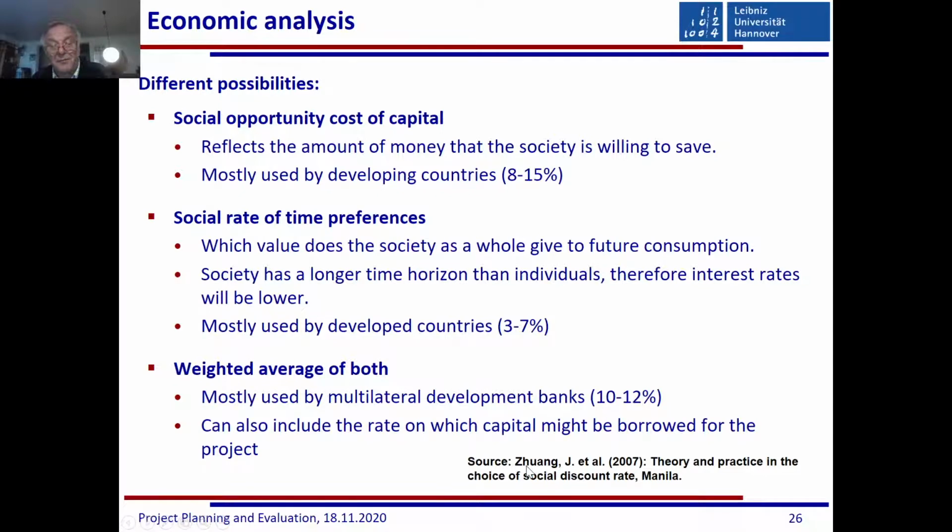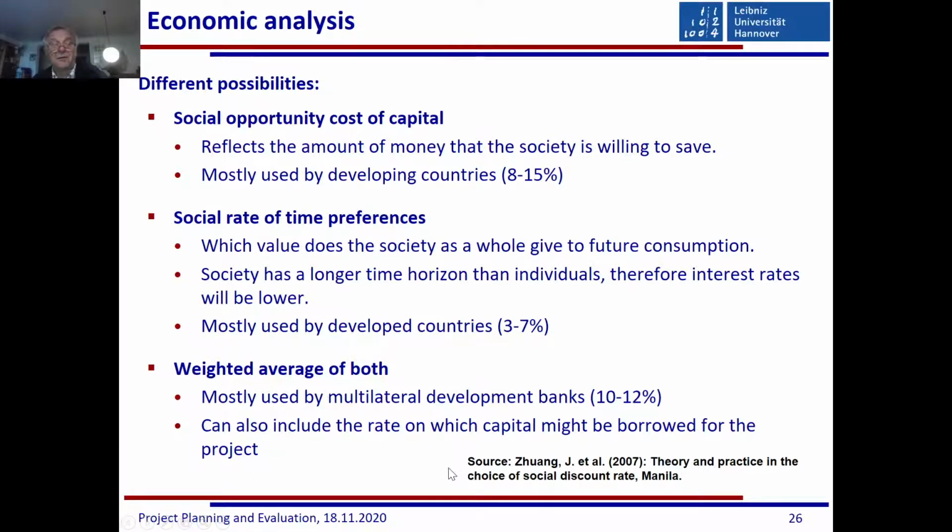And actually also the development bank. This is a paper from Mr. Swang. He used to be the chief economist at the Asian Development Bank, and he put up this claim that they should be in the order of 10 to 12%. It can also include the rate at which the capital might be borrowed for the project.